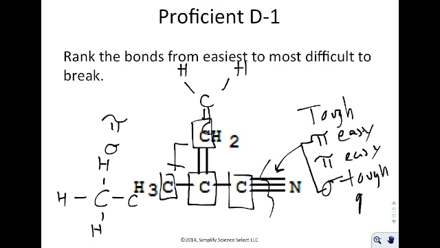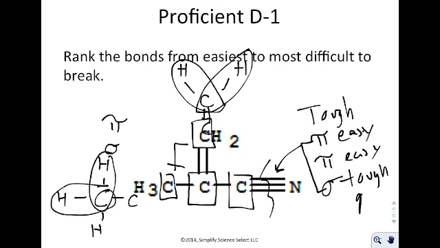Because of this, it's beyond the scope of this class to predict which one of these carbon-hydrogen bonds would be easiest to break. You could probably predict based on what you know of electron geometry, but for now we're going to say that breaking each of these carbon-hydrogen bonds is going to be the same.